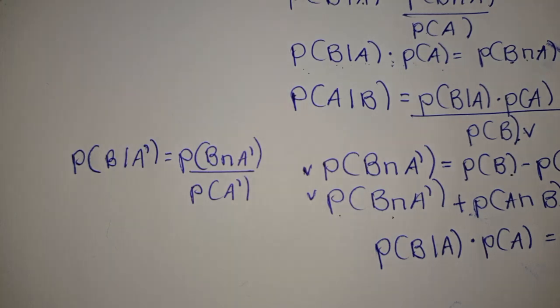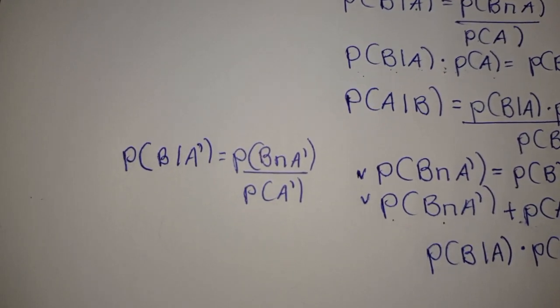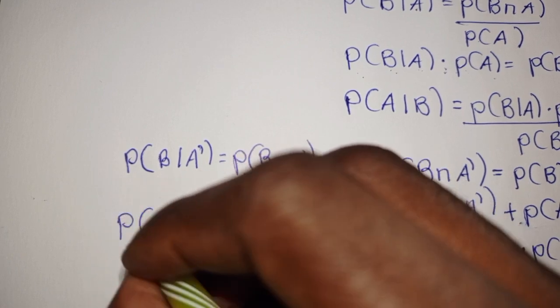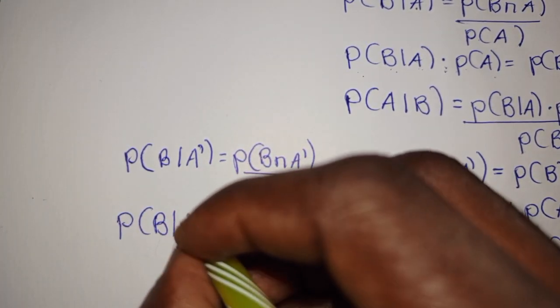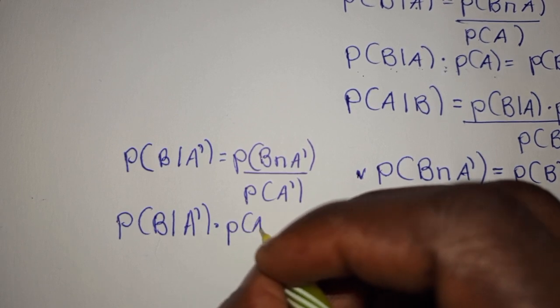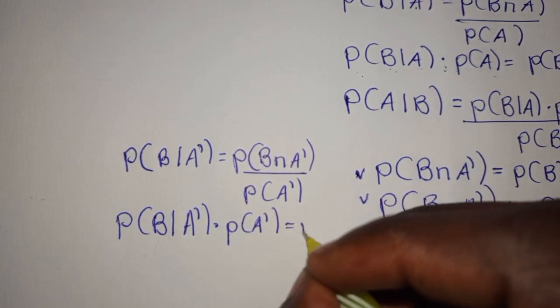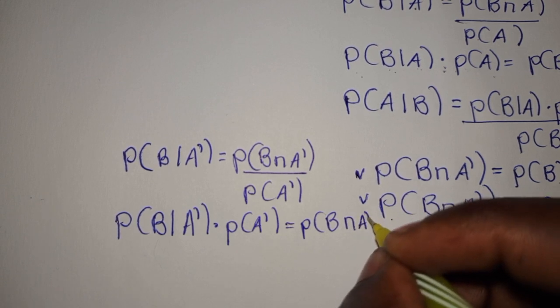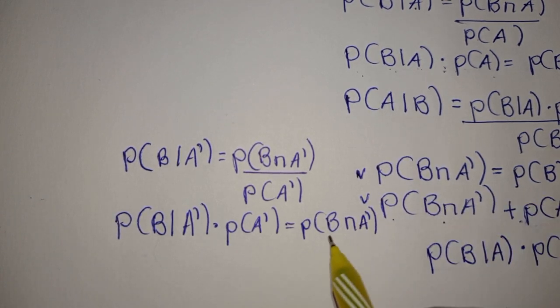This is what we have. So here we can multiply and we get the probability of B given A complement multiplied by the probability of A complement is equal to the probability of B intersection A complement. So this is the very fact that we have.